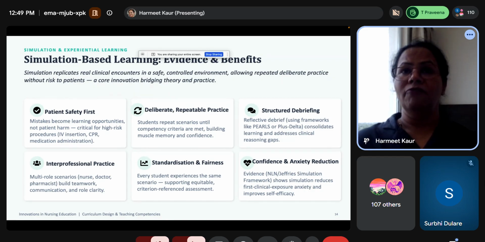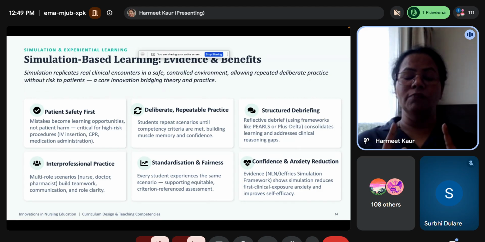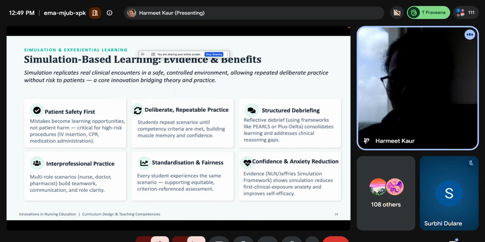So when we are doing the simulation practices, you don't have to be judgmental. We don't give any marks to the student. Simulation based learning should not be for assessment. That is only for learning purpose. And you have to tell them in the starting that this is not for your assessment.